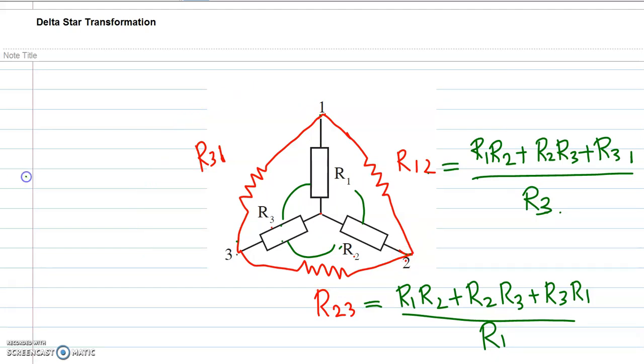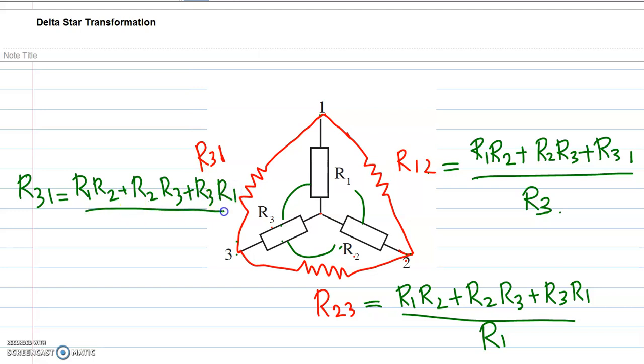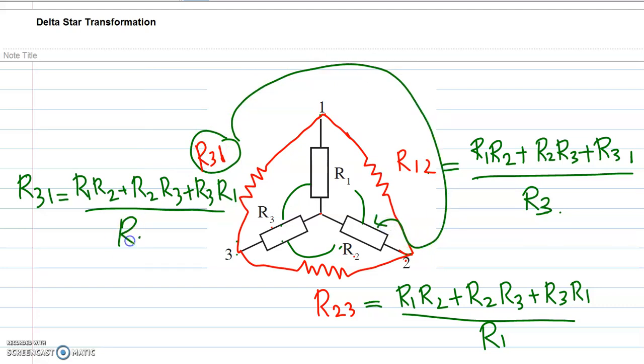Now we need to find the resistance R31. R31 will be equal to R1 R2 plus R2 R3 plus R3 R1 divided by the resistance opposite to R31, that is R2. So you will get R31.